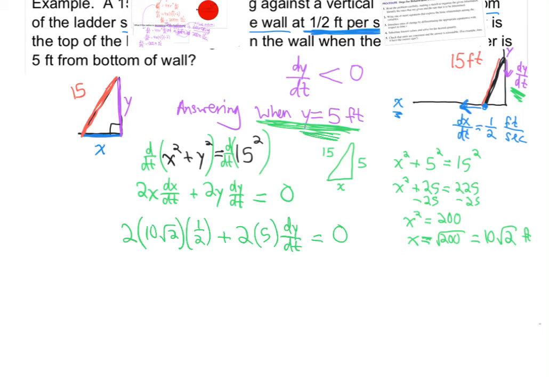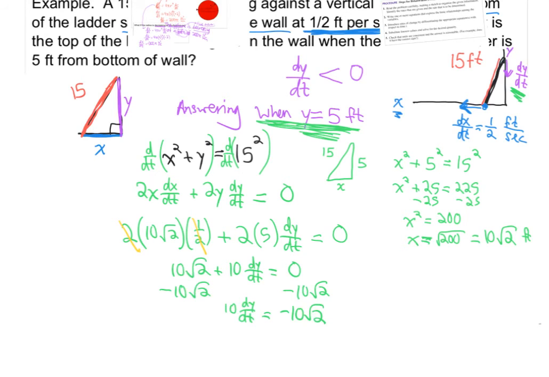I'm going to do a little bit of simplifying here. I have 10 root 2 plus 10 dy/dt equals 0.